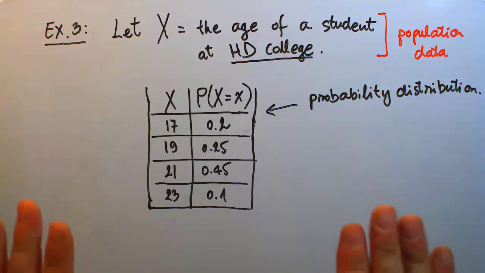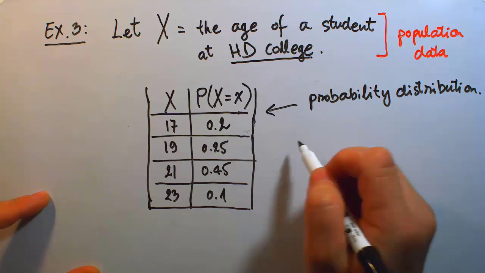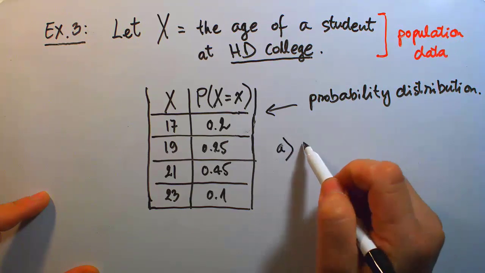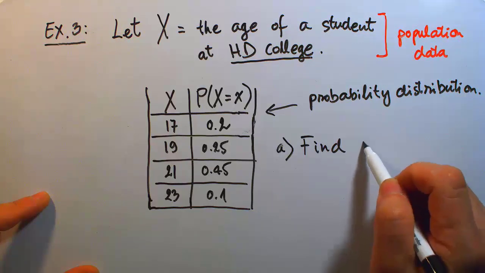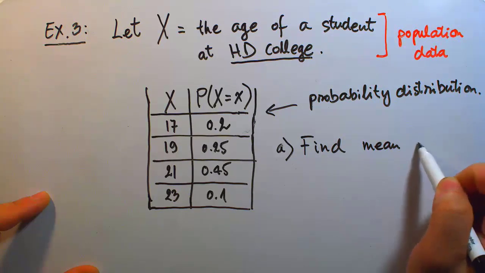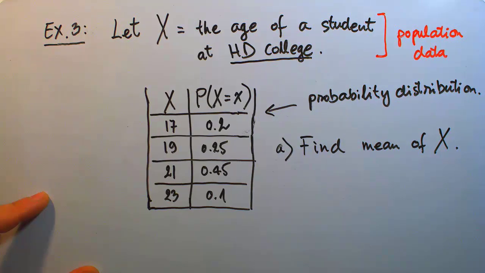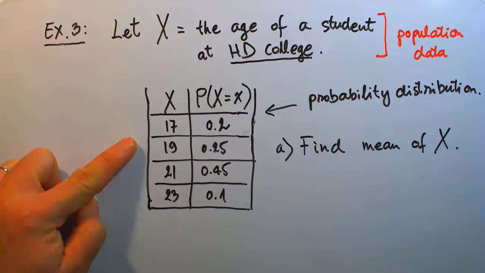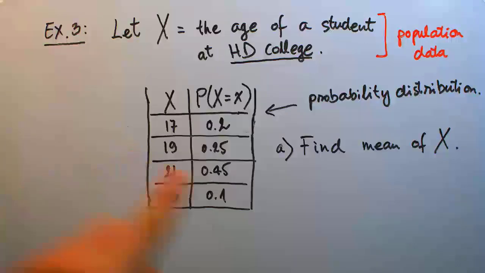Now, into this example, the first question I'm going to bring up, question A. Let's find the mean value of the random variable X. As soon as I finish writing down the question, have that clear understanding that the intention of this problem, calculating the mean value, is to aim at population data.